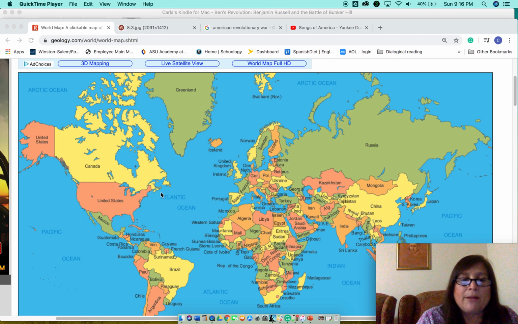So the British came here and they settled on the coast of the Atlantic, the coastal area, and they settled 13 colonies. The colonies belonged to England, to the British.